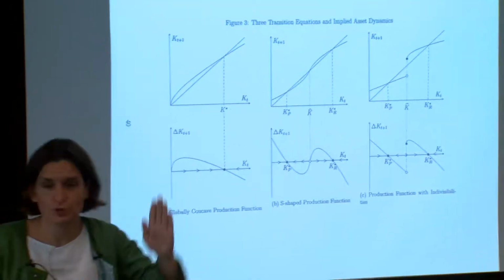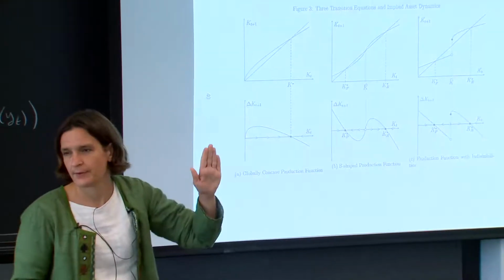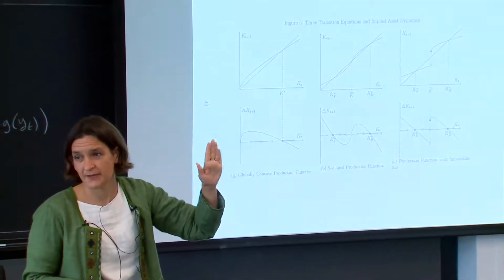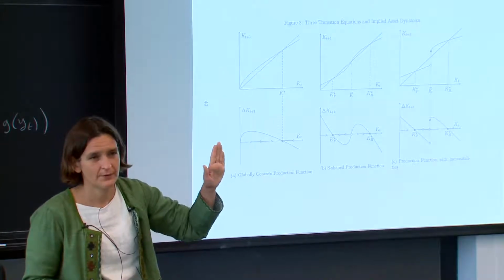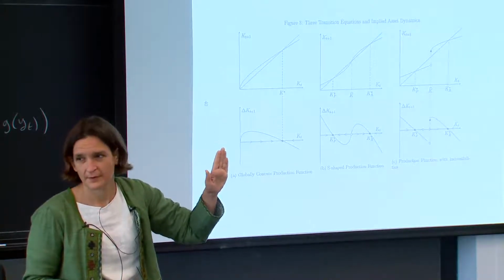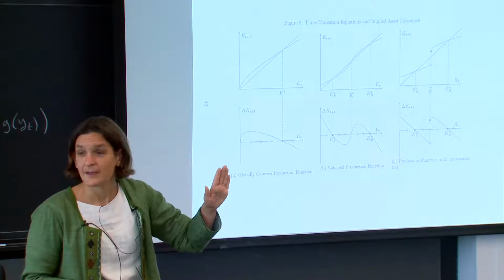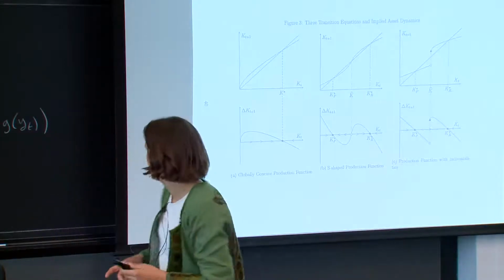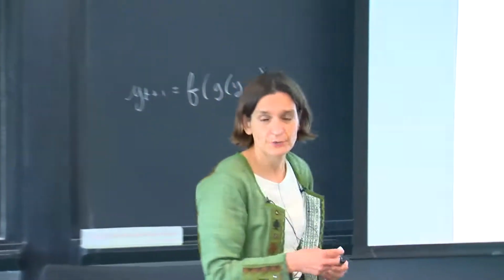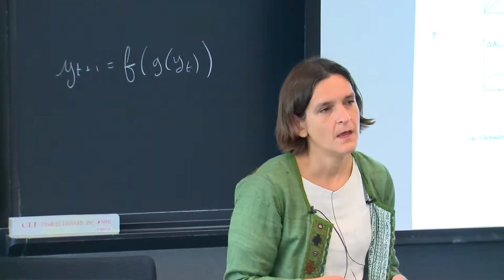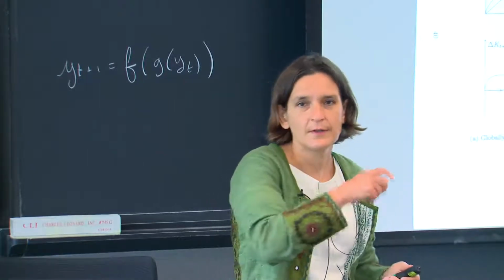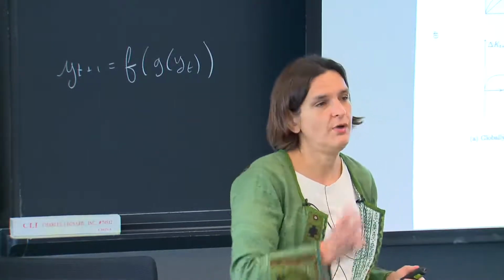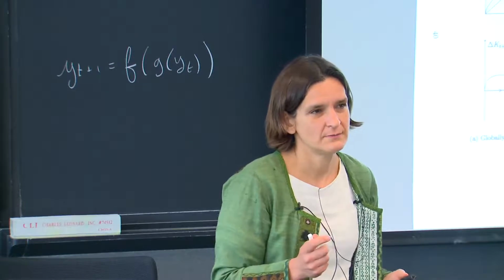What does it mean the slope needs to be at that point of the curve at the point where it intersects the 45-degree line from below? It needs to be greater than 1. So it needs to be that when yt is equal to yt plus 1, this composition has a slope of greater than 1.